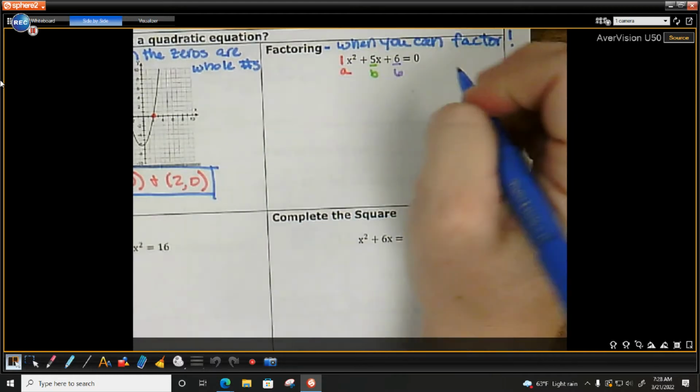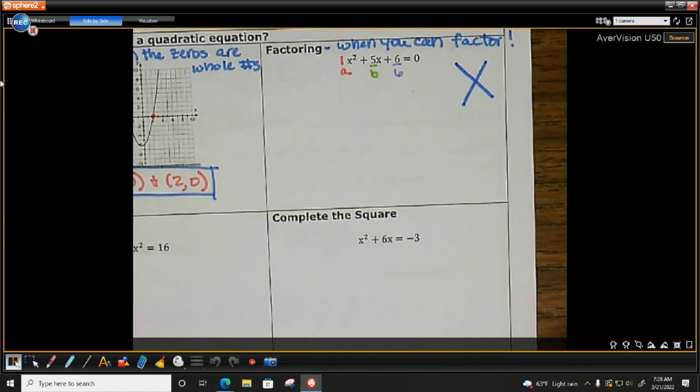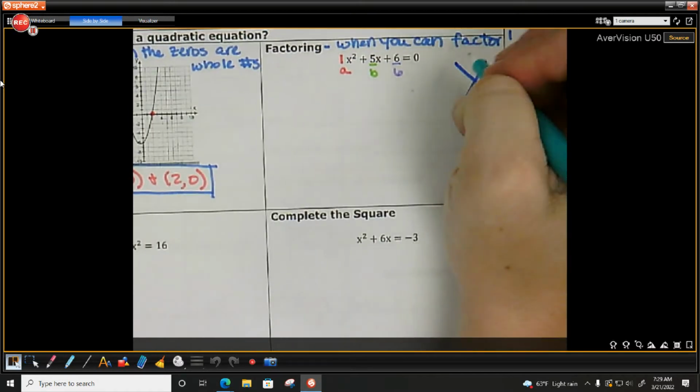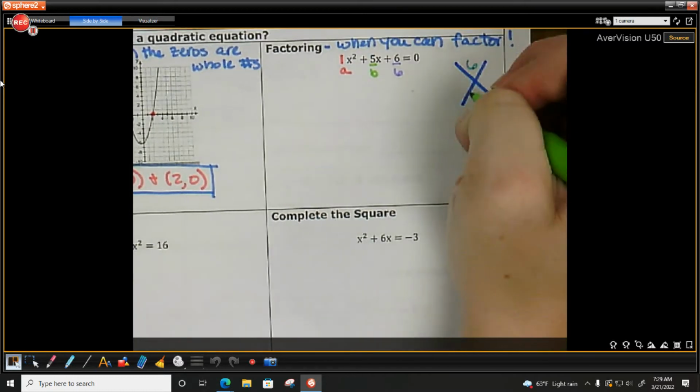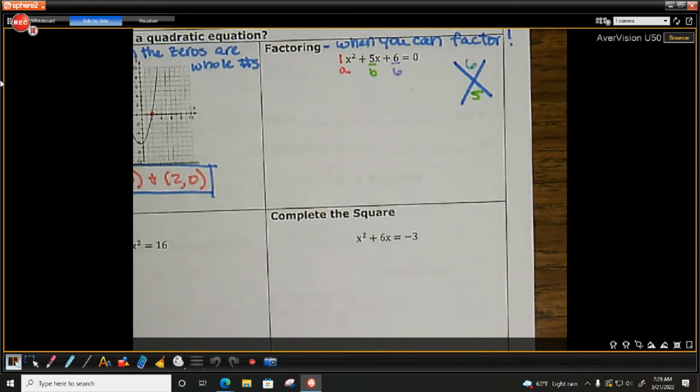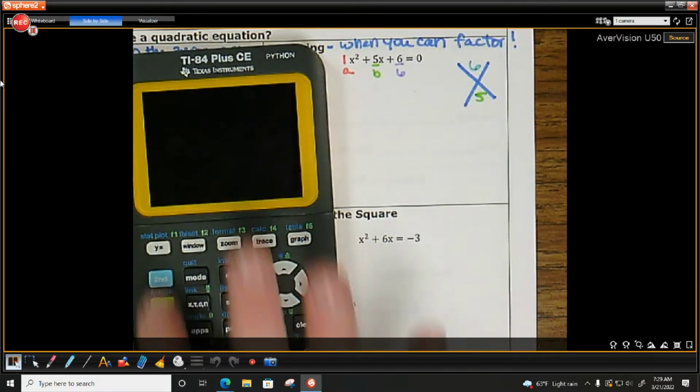So we are going to draw our x over to the side. And what goes on top of our x? A times c, so 1 times 6 is 6. What goes on bottom? B, which is 5. So then we need factors of 6 that add up to 5. Remember, we can go to our calculator.